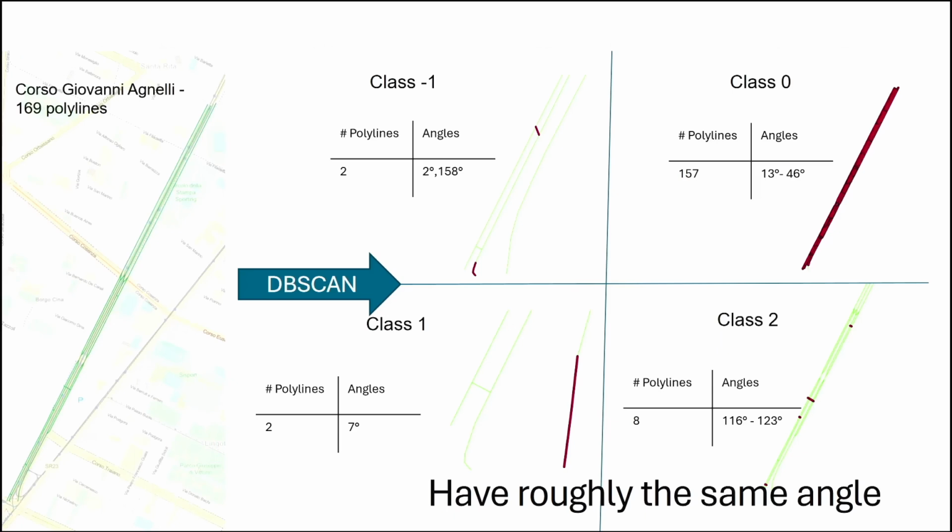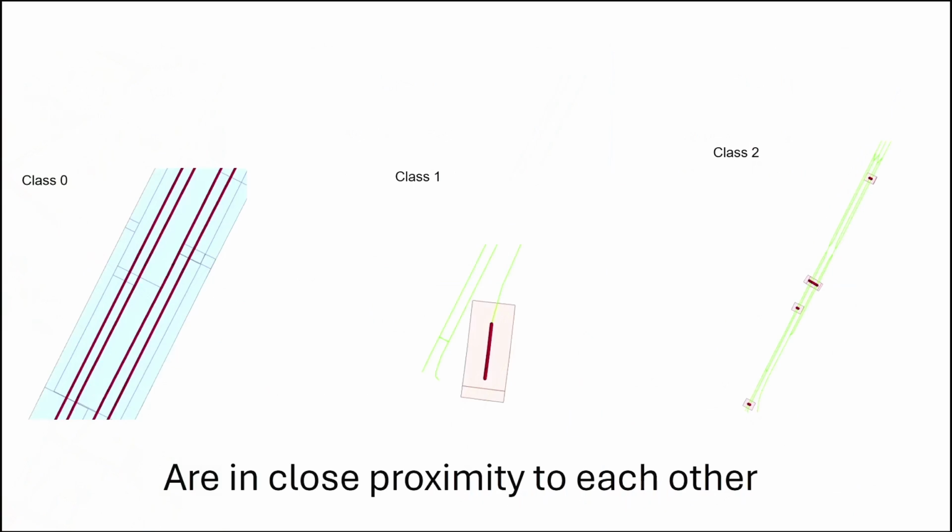And now we have, for example, for this polyline, 3 classes. And now for each class, we can move to the next condition. So let's say we have a bunch of polylines with the same name and roughly the same angle. For this group, we create a buffer around each polyline and shift it to the right and to the left.